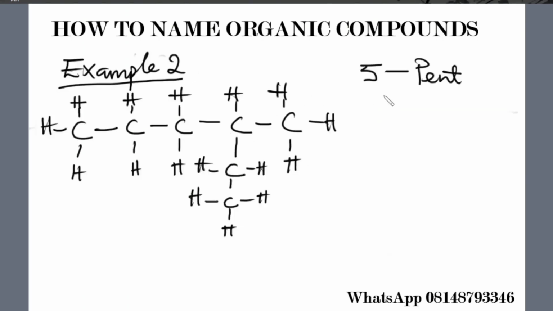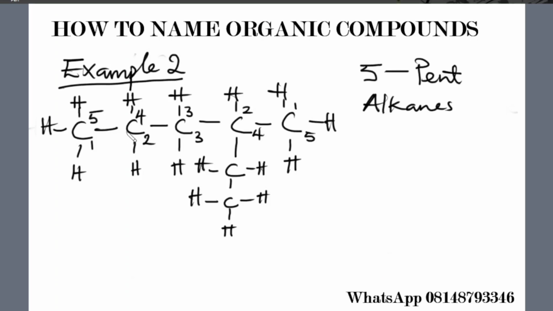The fourth thing to be done is to number the longest carbon chain from left to right and from right to left. So we have 1, 2, 3, 4, 5. And then from right to left, we have 1, 2, 3, 4, 5.